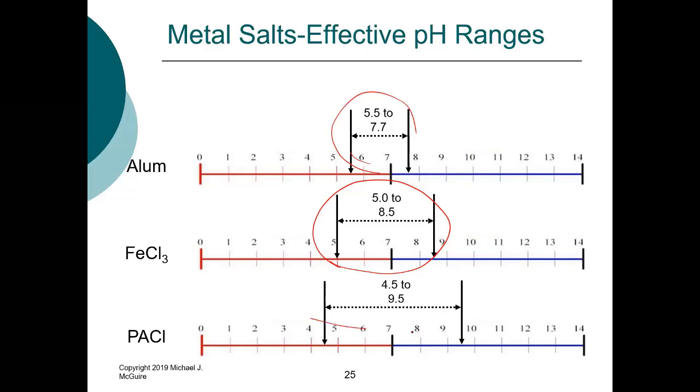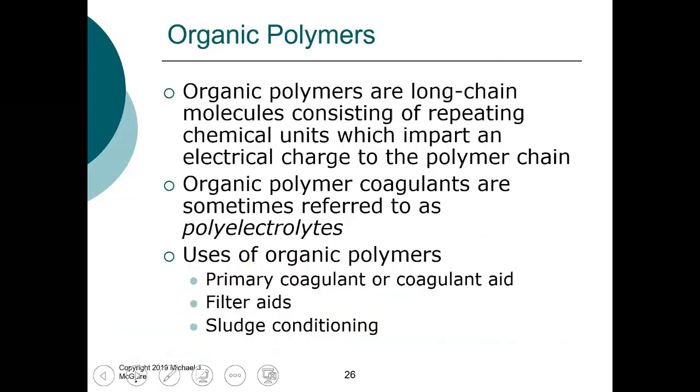And then polyaluminum chloride is effective over an even wider range. So you can see why polyaluminum chloride is now one of the most common coagulants used in drinking water systems, because it is so effective over such a wide pH range.